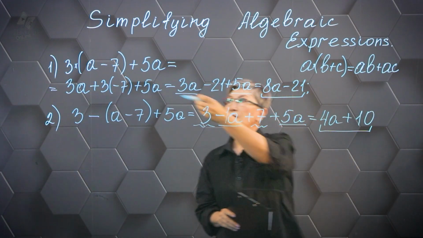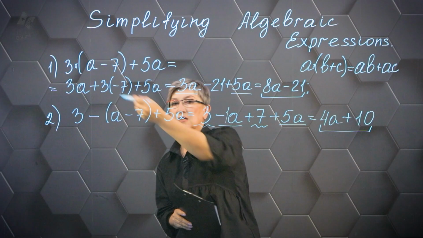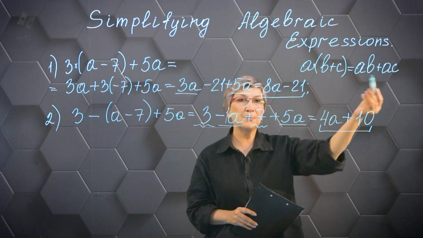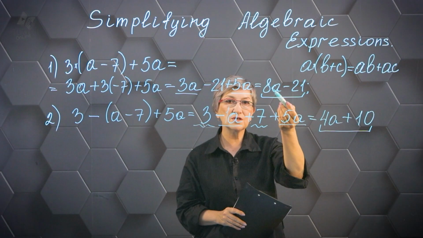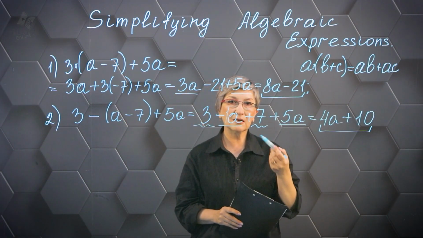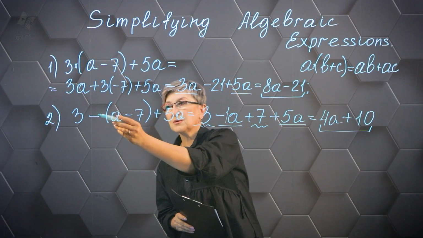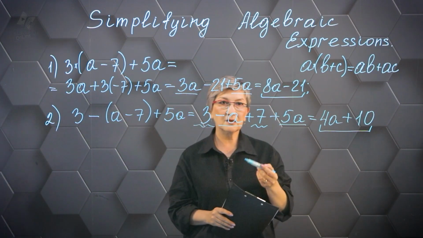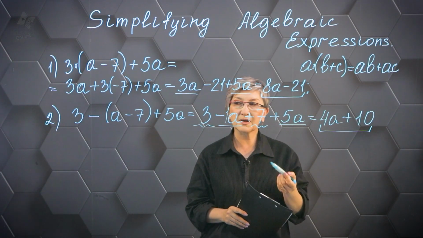Notice. In the first case, there is a multiplication sign between the number 3 and the parenthesis, so I'm applying the distributive property. And the resulting answer is 8a minus 21. And in the second case, I'm opening the parenthesis using our rule that the parenthesis is preceded by a minus sign. I would also like to draw your attention to the following rule.